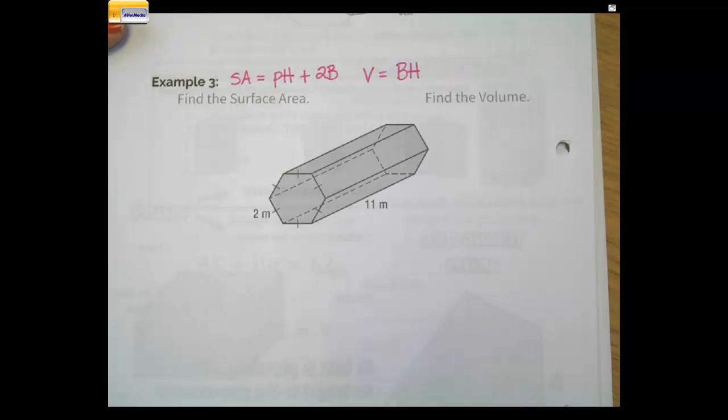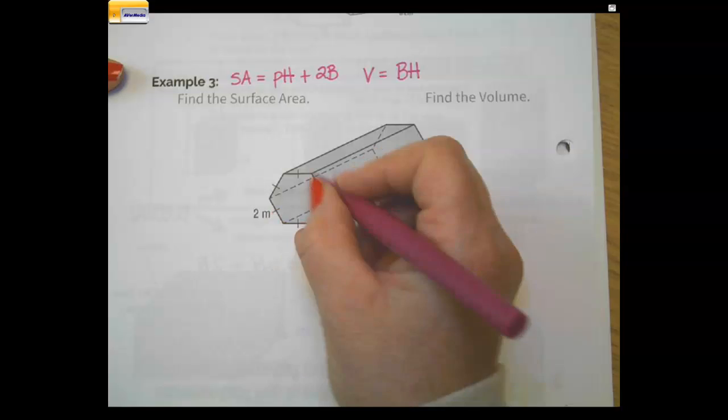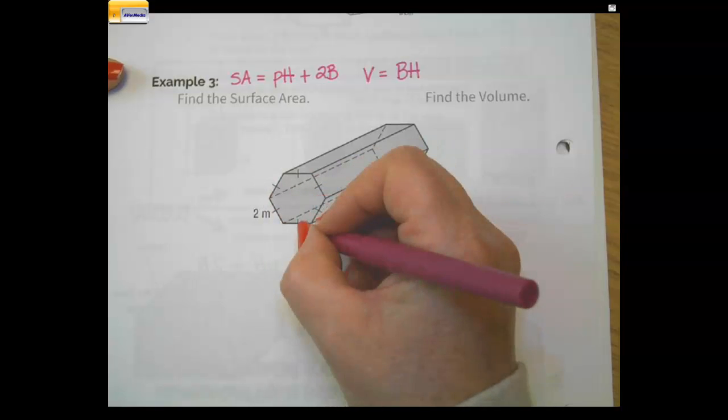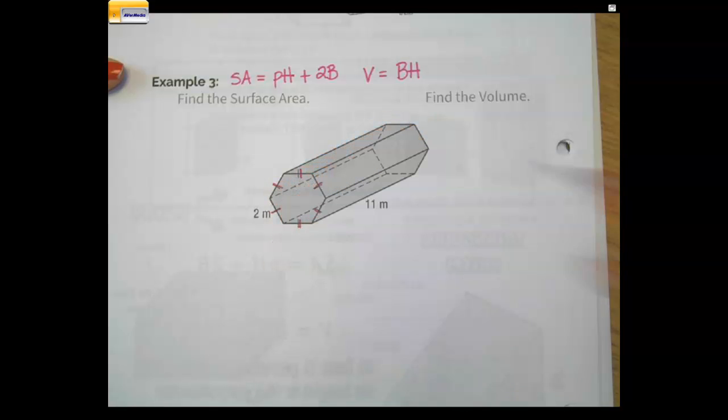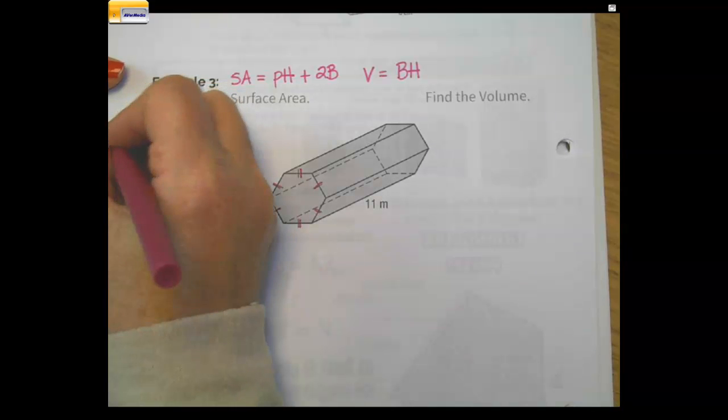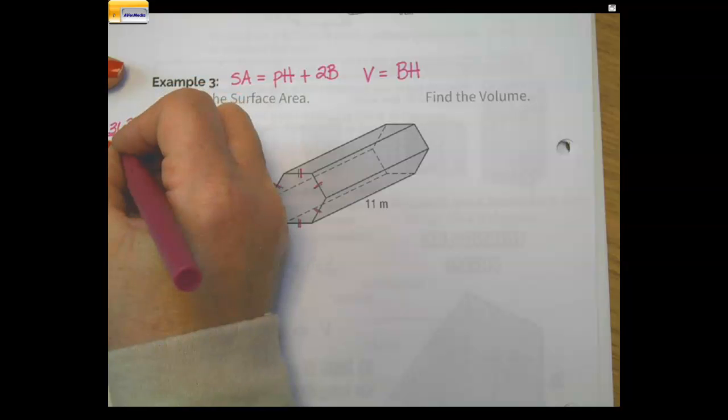Volume is usually a lot easier, but again, if I'm looking at my base, that's 1, 2, 3, 4, 5, 6, so that's a hexagonal prism. So we're going to have to go back and say 360 divided by the 6 sides.